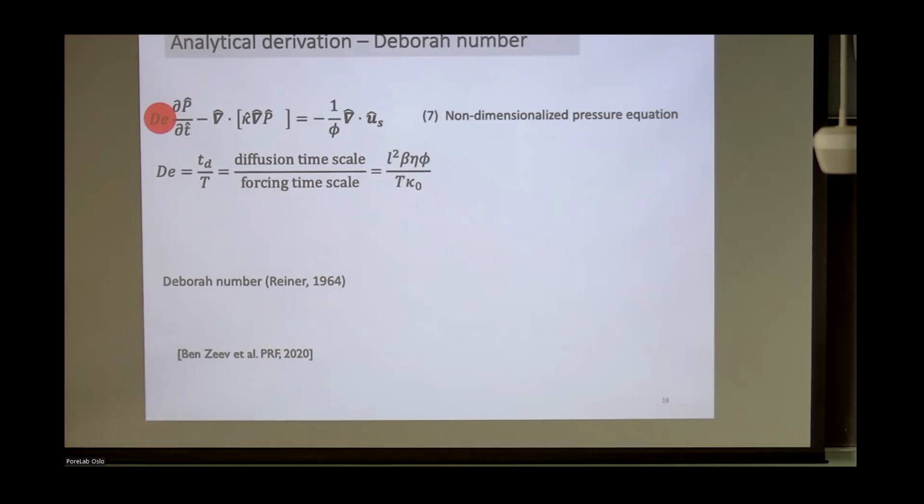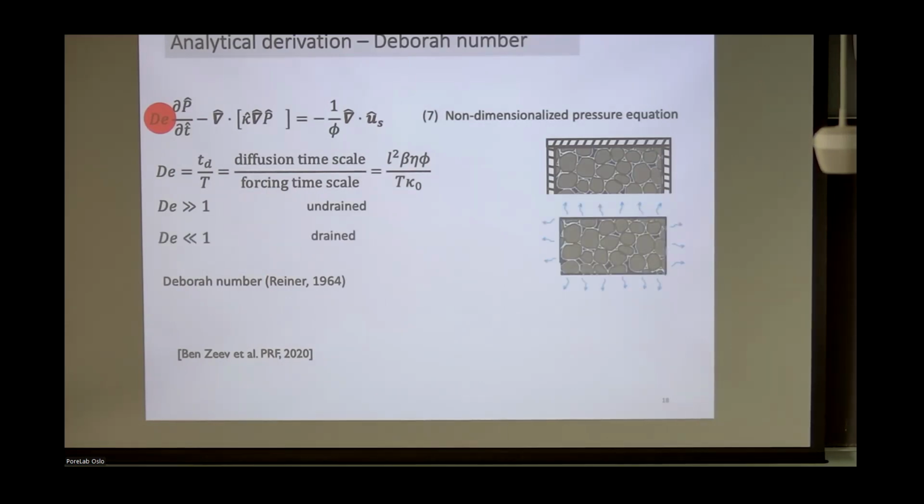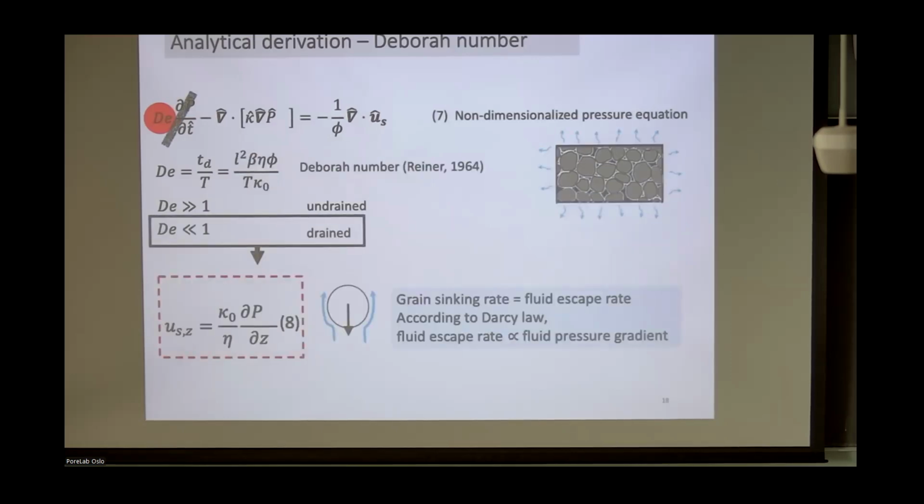So this controls whether it's undrained. If the diffusion timescale is very long, it's undrained. If the diffusion timescale is very short, it's drained. So we will concentrate on the drained case, the de Boer number being very small.